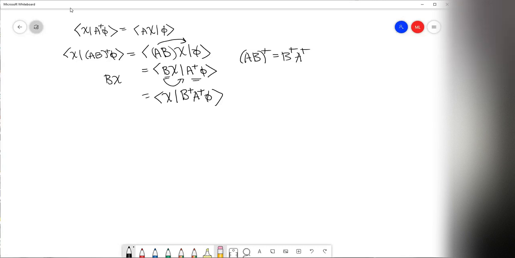I guess for me, what helps is always going back to the foundational definitions of things. This is the definition of a Hermitian conjugate. That's what we mean by saying we're taking the dagger of something. And I know it's tempting to go right back to the real space stuff and think about matrices.